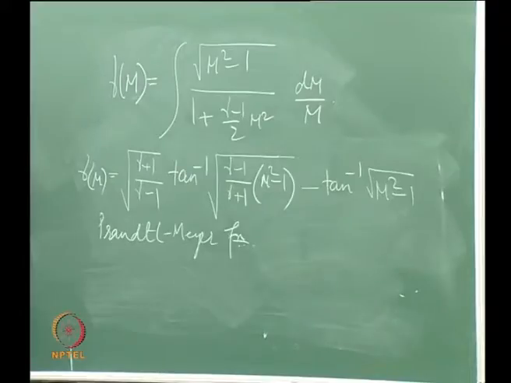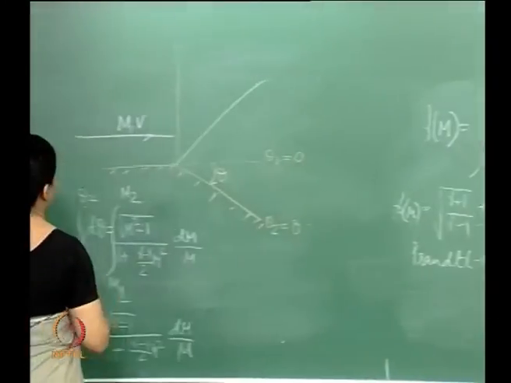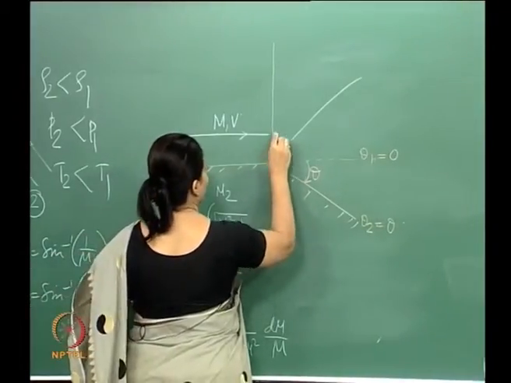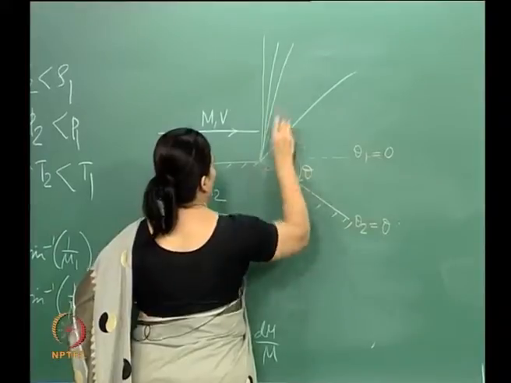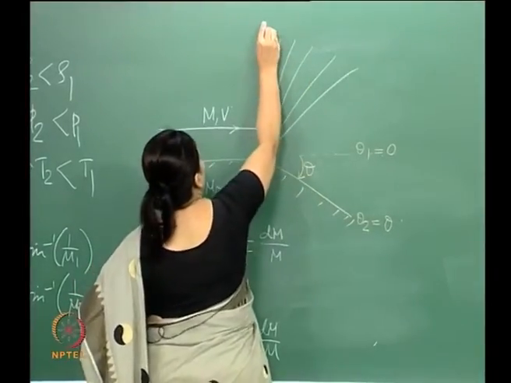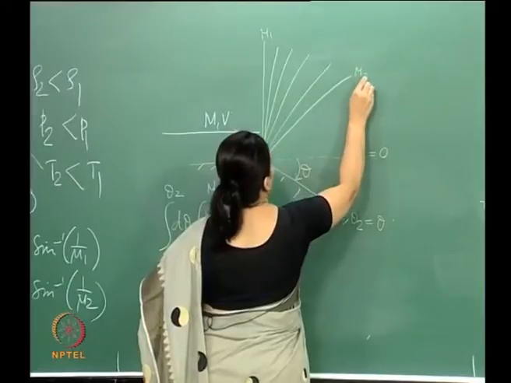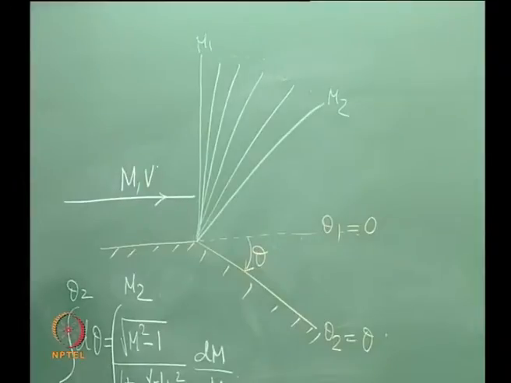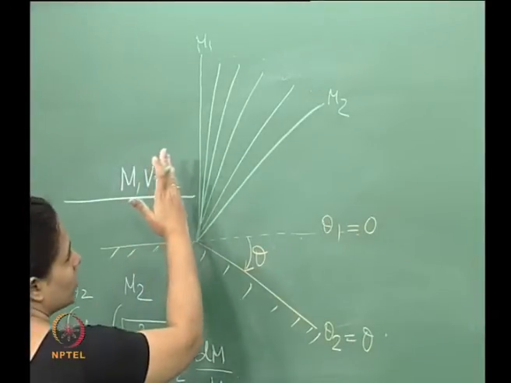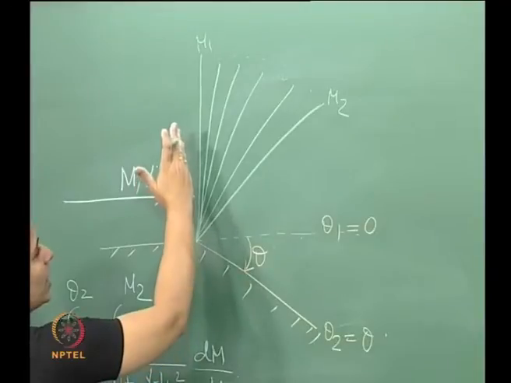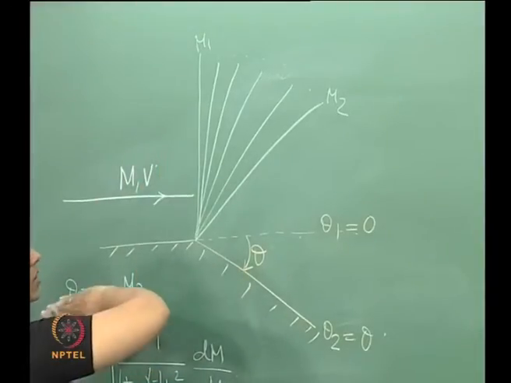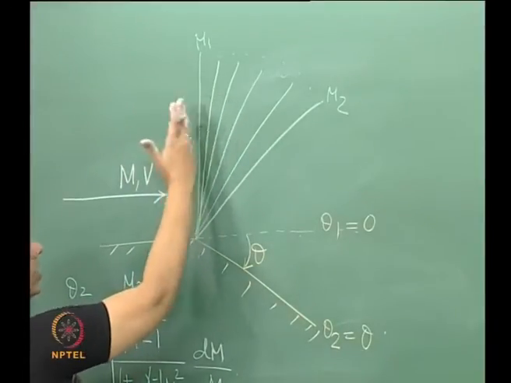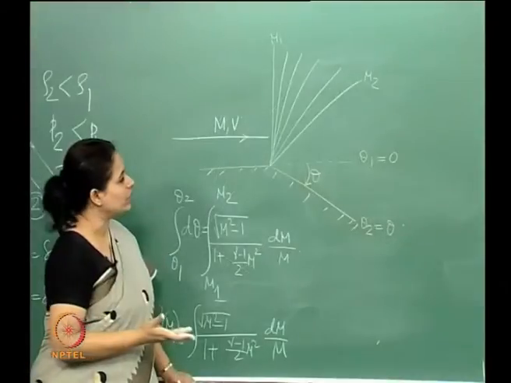What we are talking about here is the expansion fan. The expansion fan basically consists of several Mach waves, right, and the limiting Mach numbers are M1 and M2. All these have different Mach numbers, and the flow will suffer a deflection, expanding through this fan step by step as it encounters each and every Mach wave, right.